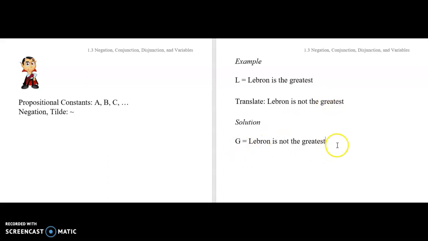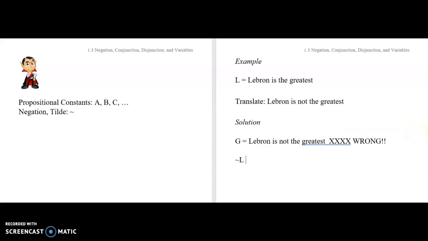By convention, we do not allow this. This is technically incorrect. Don't do this. We do not assign propositional constants in a way where there's a not embedded into the sentence itself. We always want the not symbolized with the negation. So whenever you see that not, you want to make sure you translate it positively.